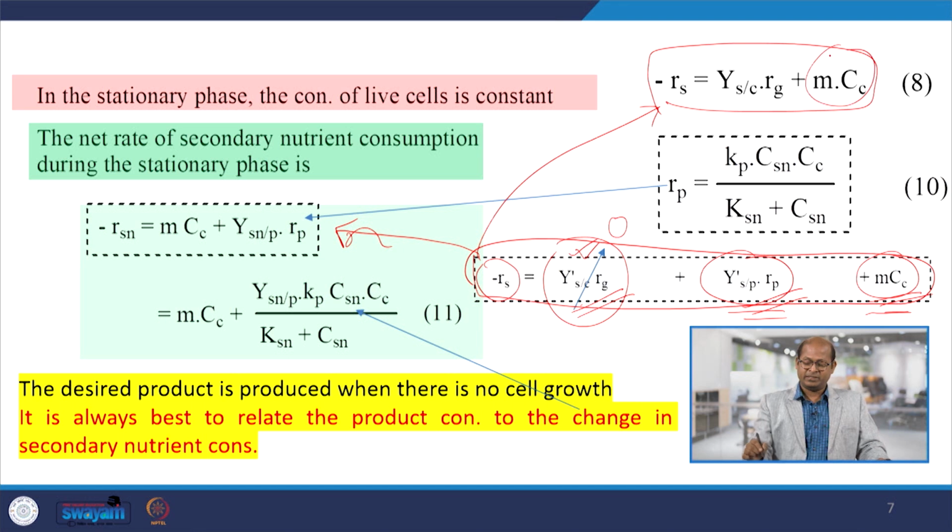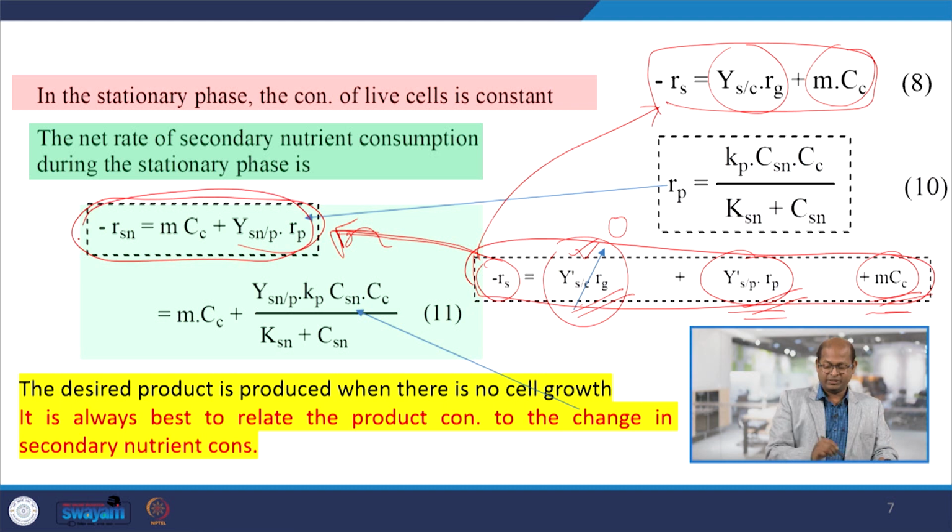This is for cell maintenance substrate consumption, and we can write it in terms of the product. Similar type of equation we can write.